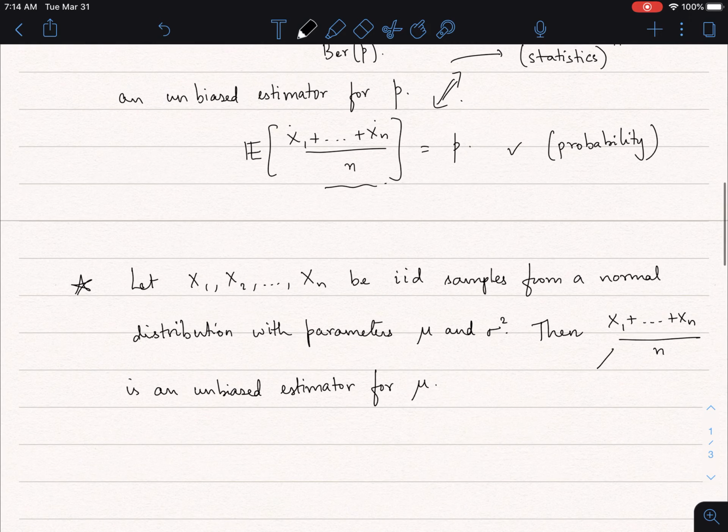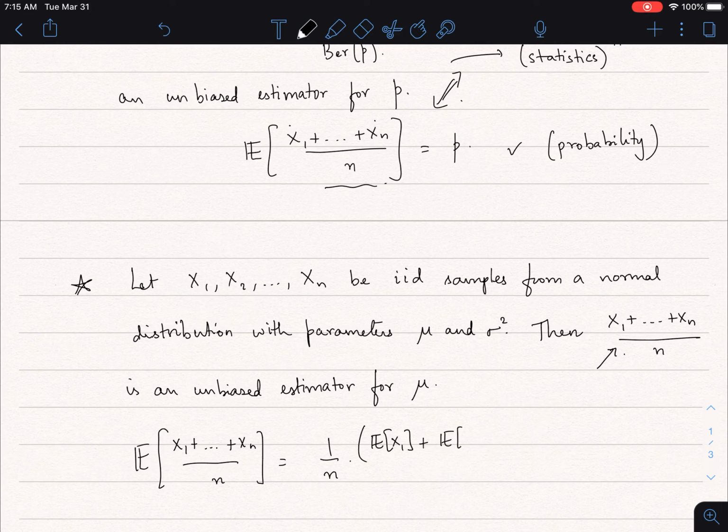The proof of this is the same as the proof of the previous one. You compute the expected value of this quantity, and by linearity of expectation, this is equal to 1 by n times the expected value of x1 plus the expected value of x2 and so on, plus the expected value of xn.